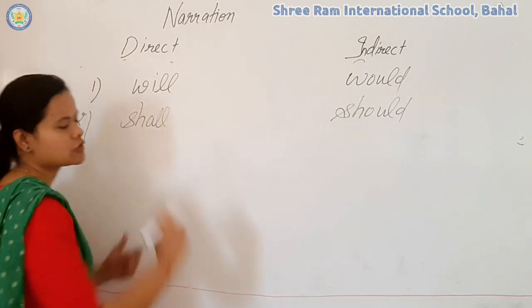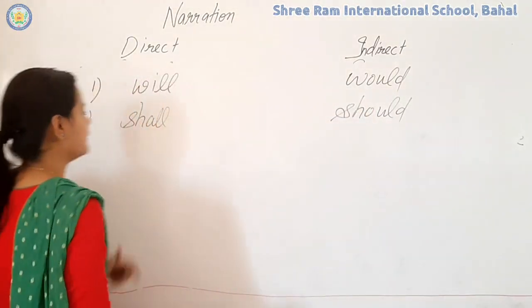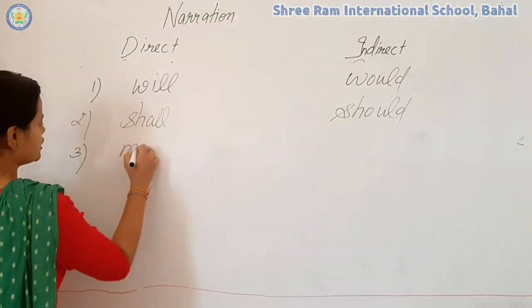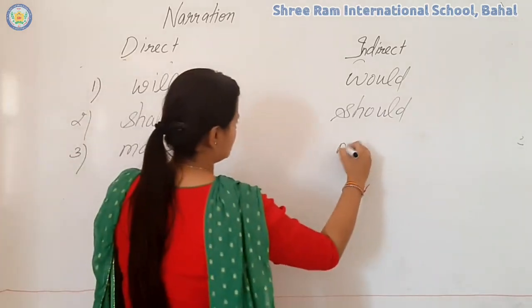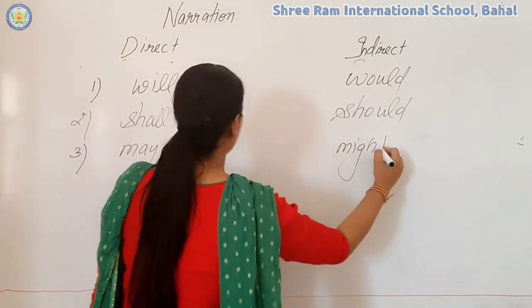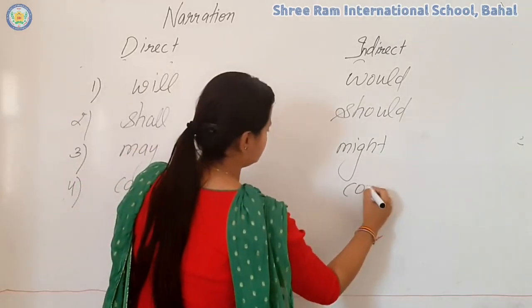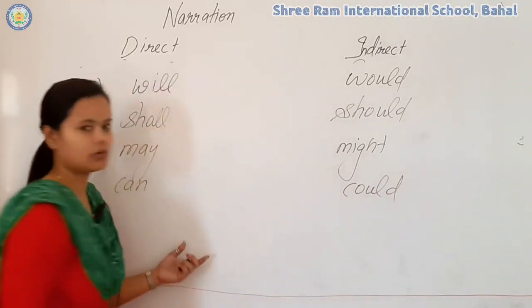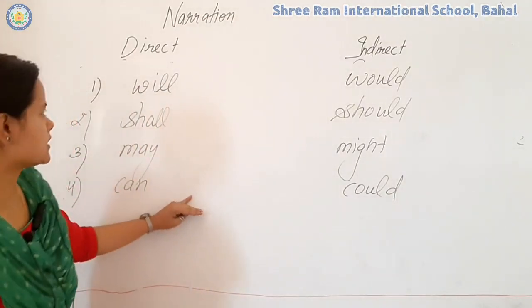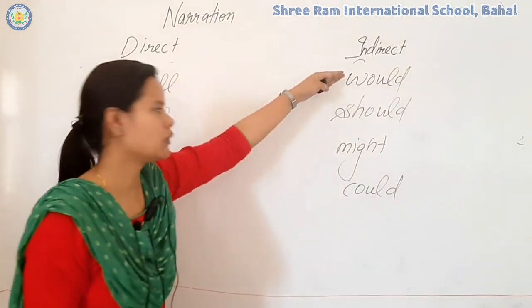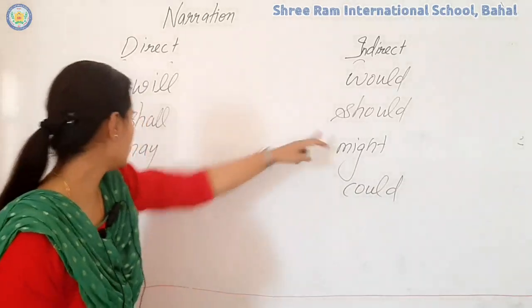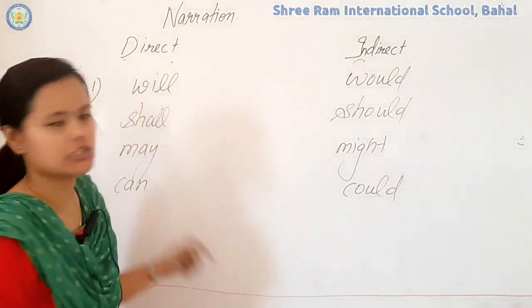Sometimes shall is also changed into would, it depends on the sentence. May will change into might, can will change into could. So these are the words that you have to learn: will changes into would, shall into should, may into might, can into could.